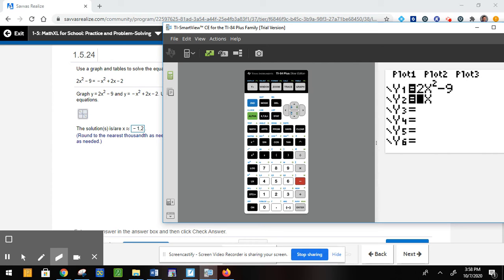The second part is negative x squared plus 2x minus 2.